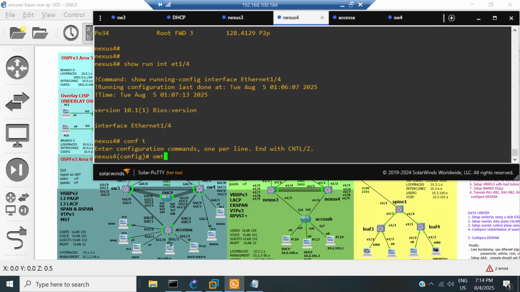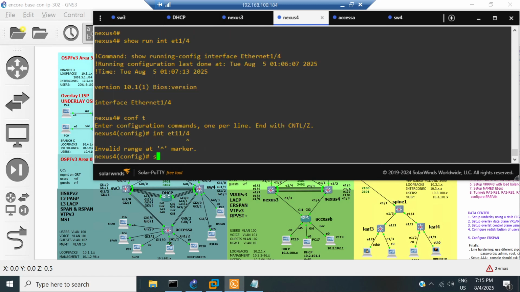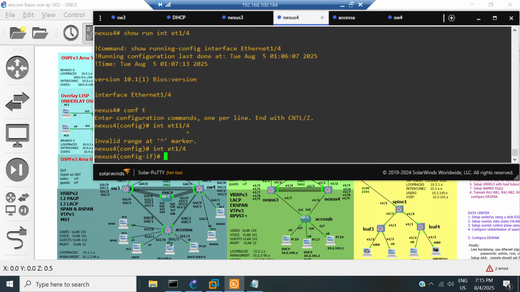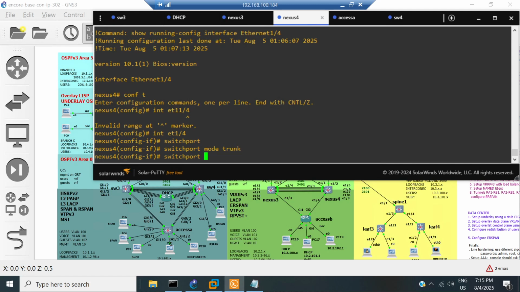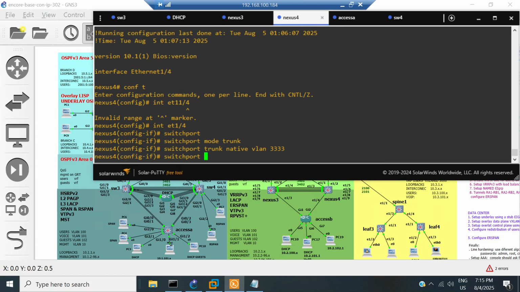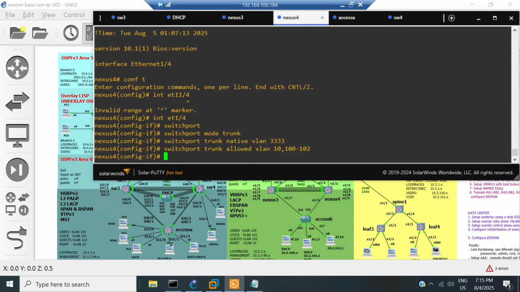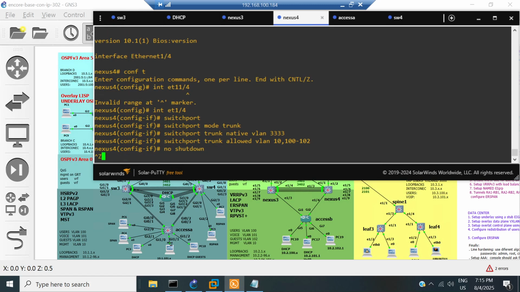So let's configure Ethernet 1.4: switchport mode trunk, switchport trunk native VLAN 323, and switchport trunk allowed VLAN 10, 100 to 102. No shutdown. Okay.